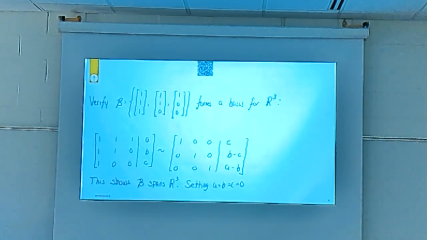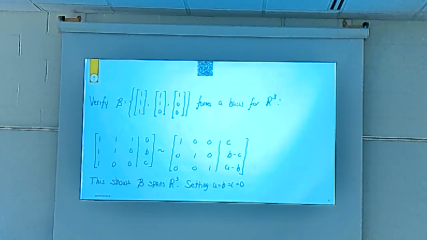If you set A, B, and C to all be 0, and that would be the 0 vector, do you get anything other than the trivial solution based on this row reduction?